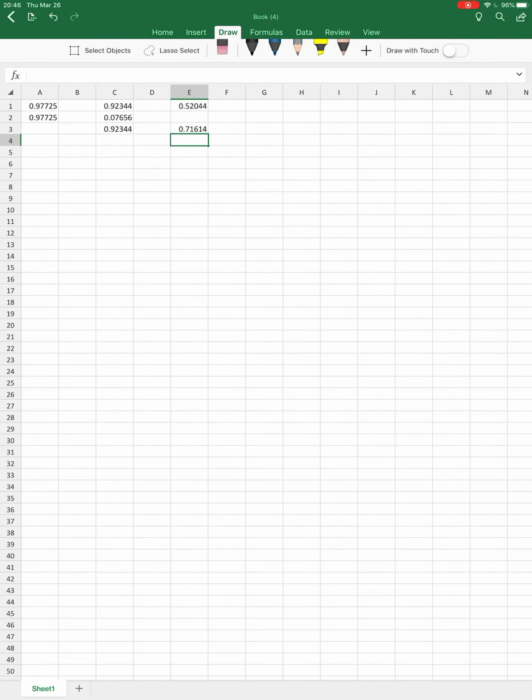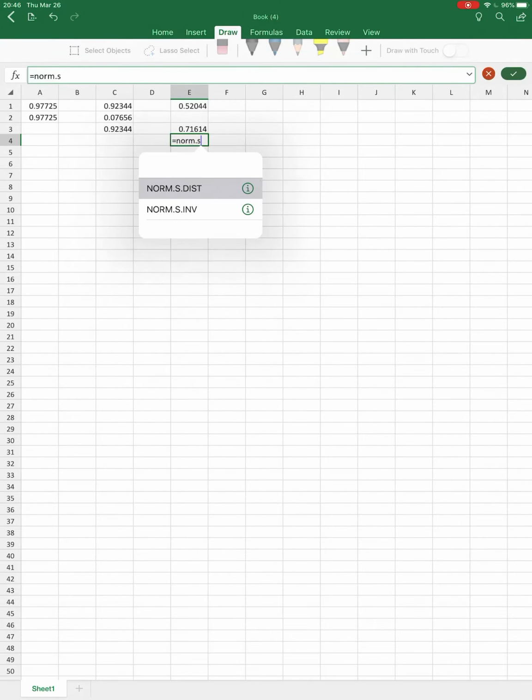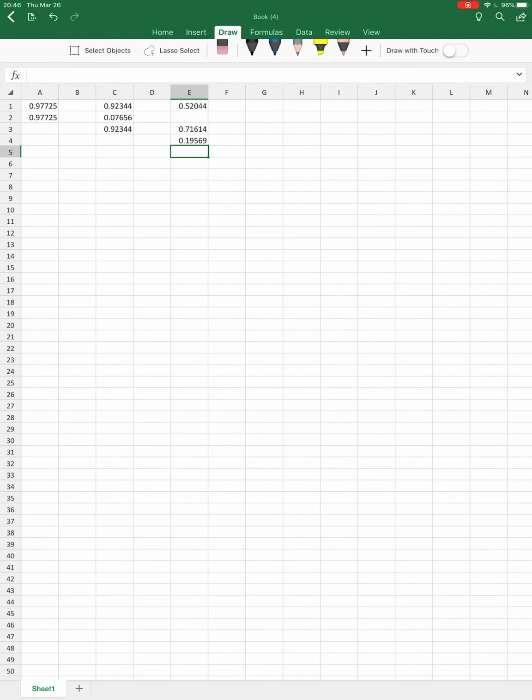If you do these one at a time, norm.s.dist of 0.5714, comma, true, that's 0.7161, and then norm.s.dist of negative 0.8571, comma, true, is 0.1957. So 0.71614 minus 0.19569 is 0.52045, and that's just a rounding thing.